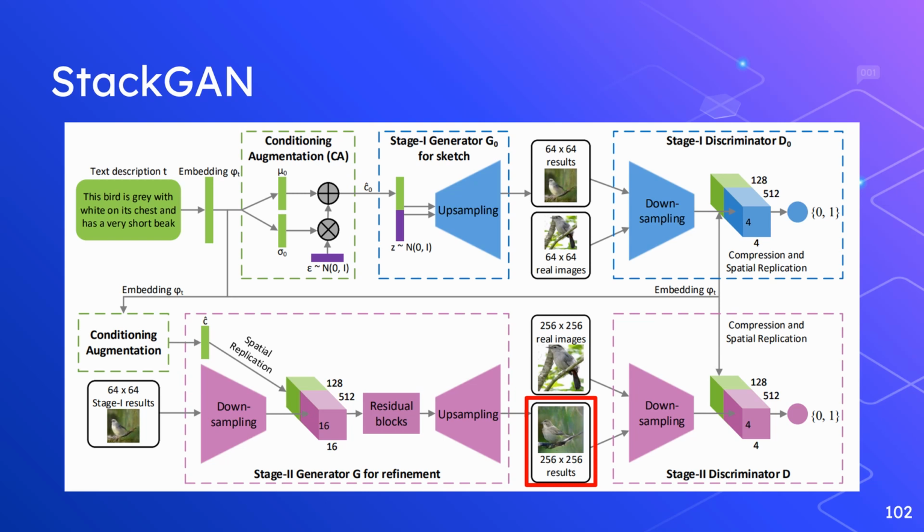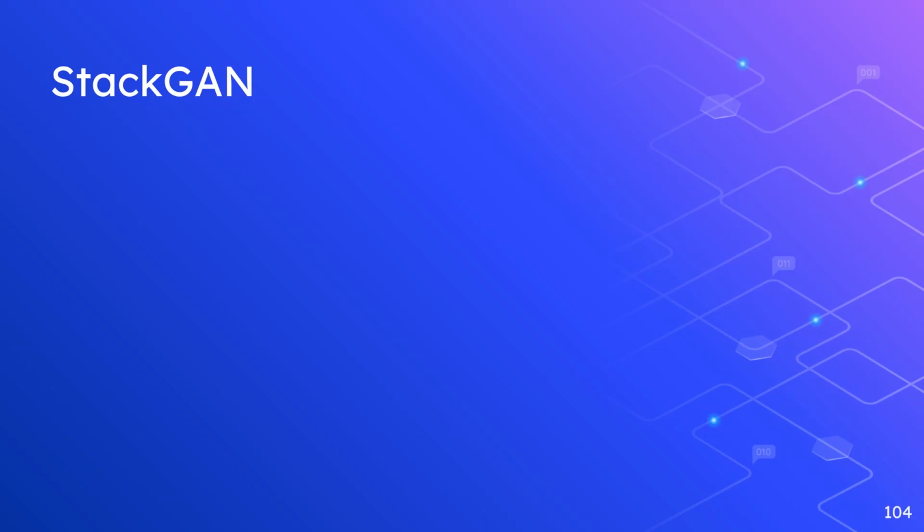Finally, we have the stage 2 discriminator, which takes the real images and generated images from stage 2, as well as the text embedding, and decides whether the images are real or fake.